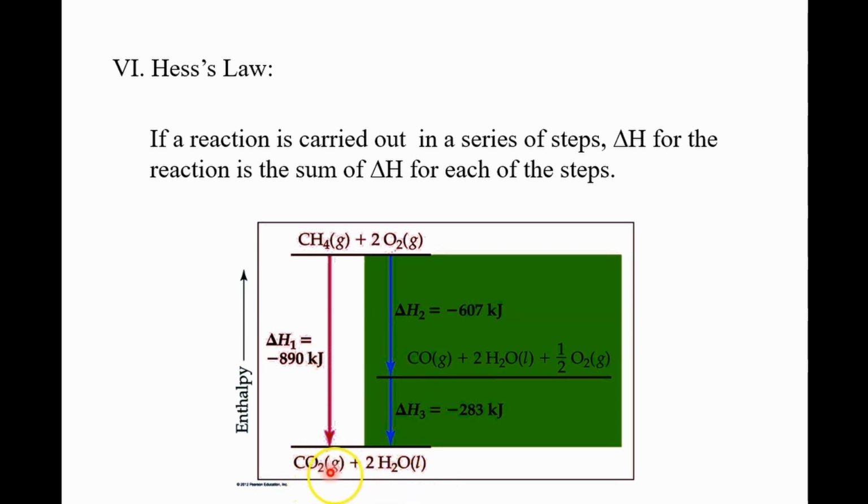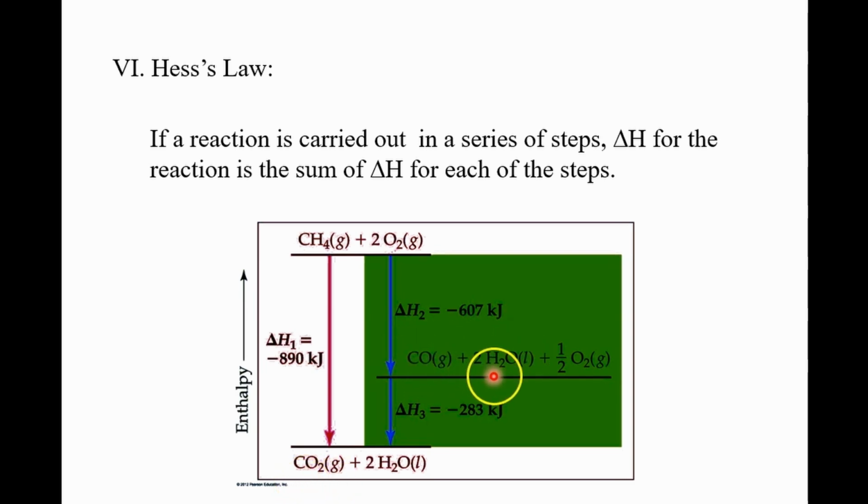When it comes down to these products here. Now what's this? This is when we form carbon monoxide. So we can think of the combustion reaction maybe occurring in two steps. The first one, half oxygen and 2 waters here, and then we add another oxygen molecule to the carbon monoxide and get to CO2.